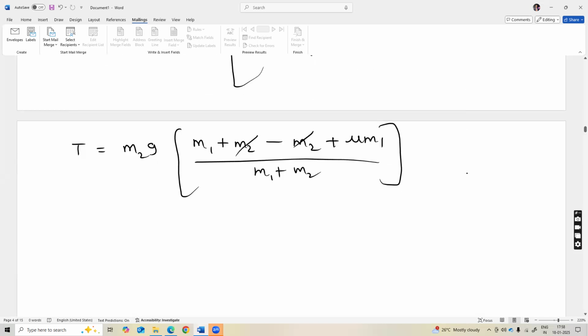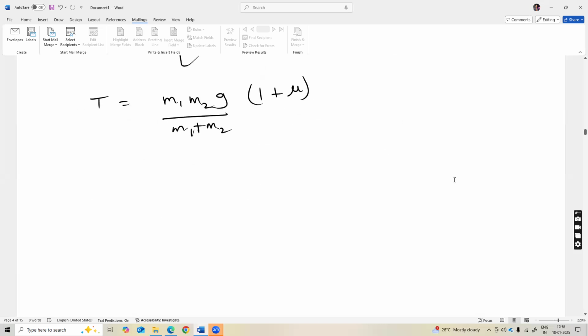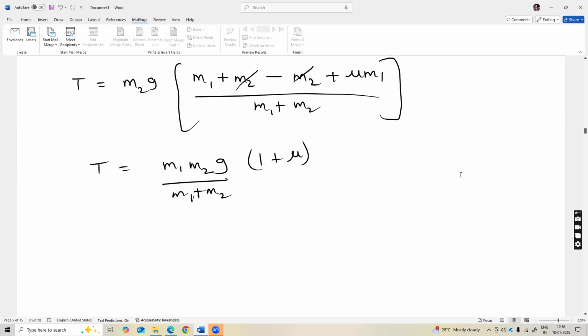So finally we get T is equal to m1 m2 g divided by (m1 plus m2), into (1 plus mu). Is it clear?